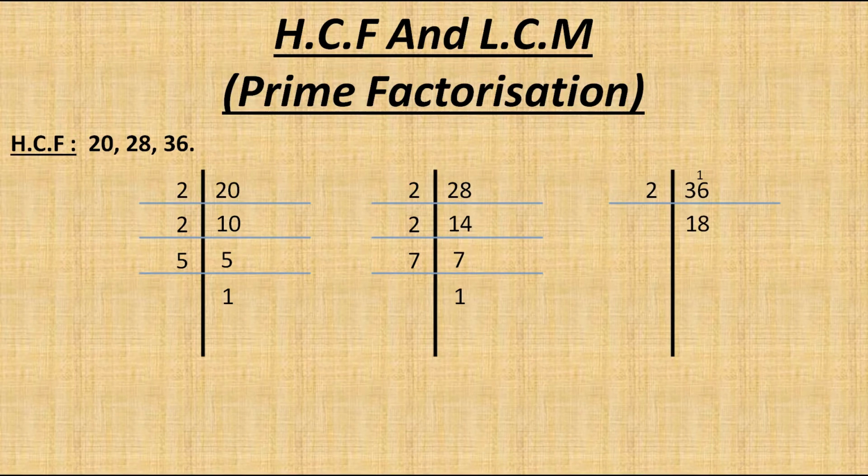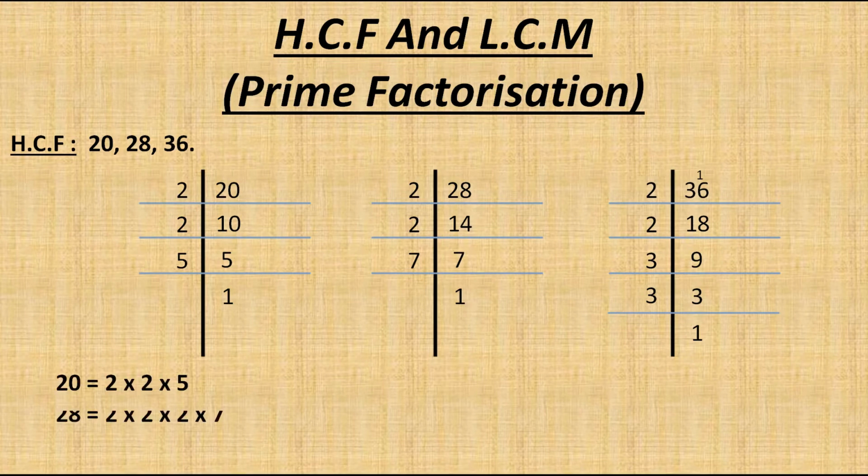Now the next number is 18, and 18 is an even number, so we directly divide it by 2. 2 nines are 18. Now 9 is an odd number and we know that 9 can be divided by 3, so 3 threes are 9 and 3 ones are 3. Now we have the prime factorization of 20, 28 and 36.